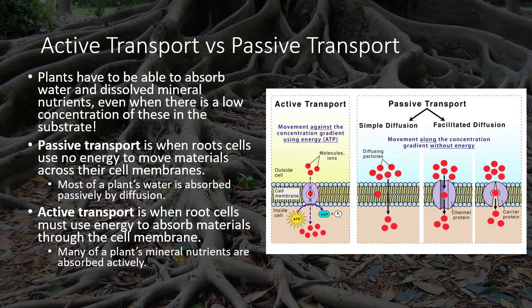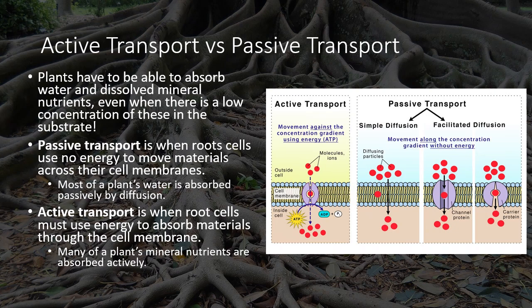And then we can also have carrier proteins that do this, that basically automatically change shape when they bind with the molecule, and that doesn't actually require the input of energy. It's just a passive process due to the chemical nature of those salts and of the carrier protein.